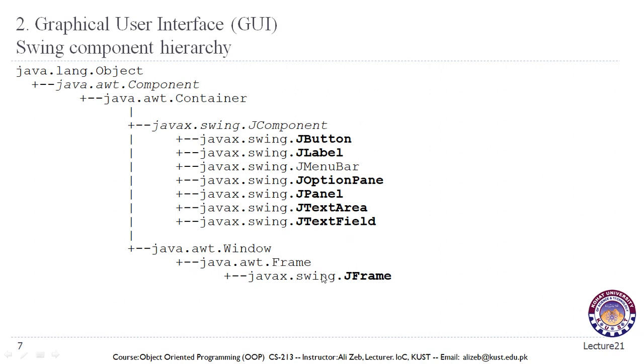Then we have the Frame from the AWT, and we can derive the JFrame as a container. So the JFrame will be our container where we can add our components. We'll be using most of these in the examples in the upcoming lecture.